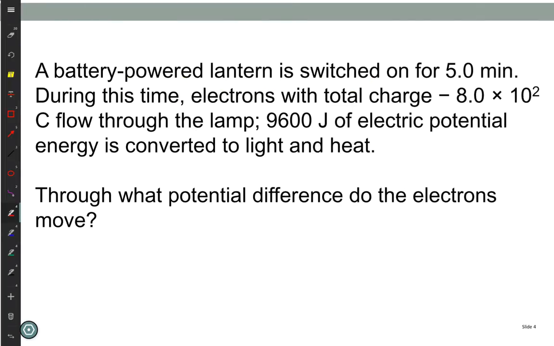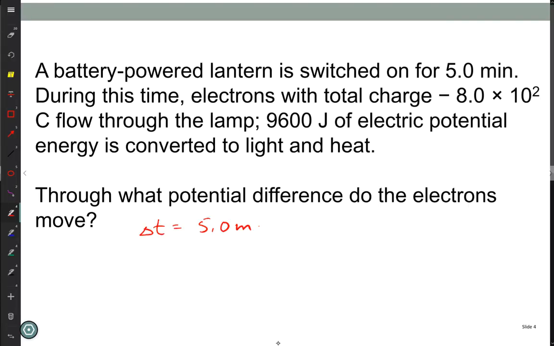All right, a simple question. I think you had one like this on the homework that's due today, didn't you? A battery-powered lantern is switched on for 5 minutes, so I have delta T equals 5.0 minutes. What units should I use for time? Seconds. So that's going to be 5 times 60, 300 seconds with 2 significant digits.